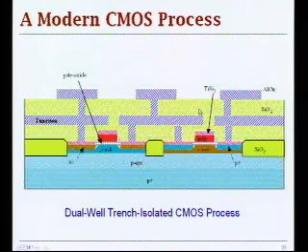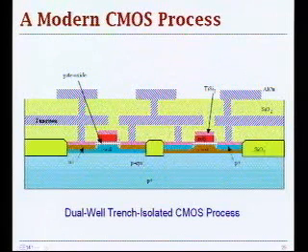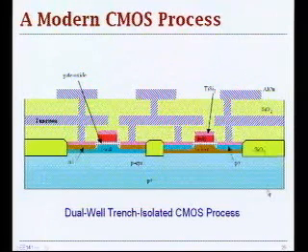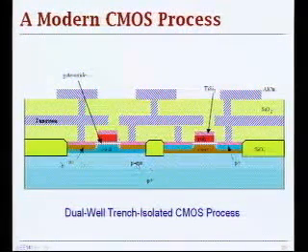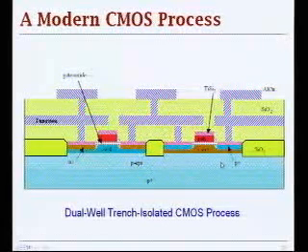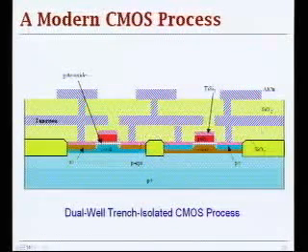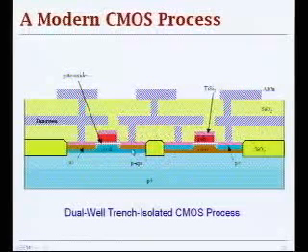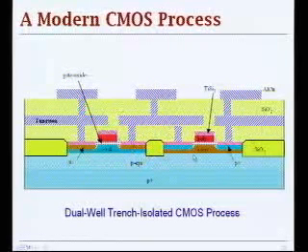So here's a look at the modern CMOS process, where several things happen. First you have this highly doped P plus material over which you have a lightly doped epitaxial layer, P-epi, and then a couple differences compared to the previous process. In the previous process, we had all this thick oxide isolation between the devices.